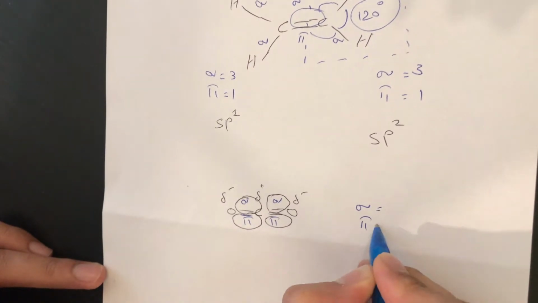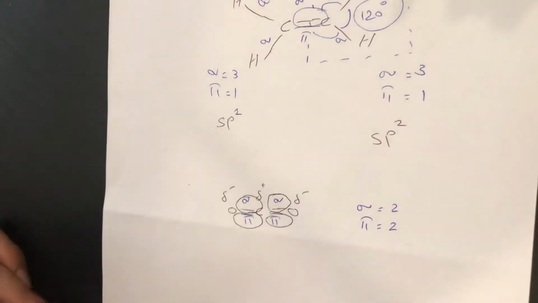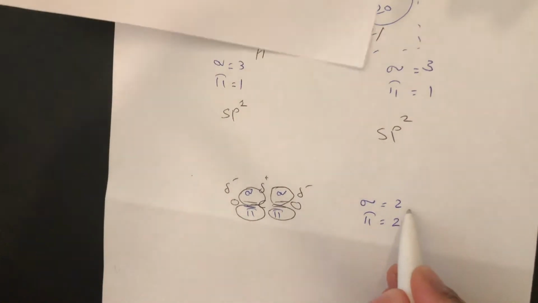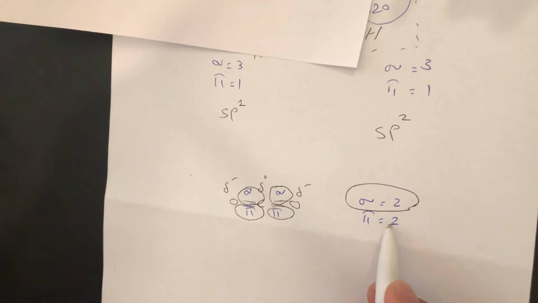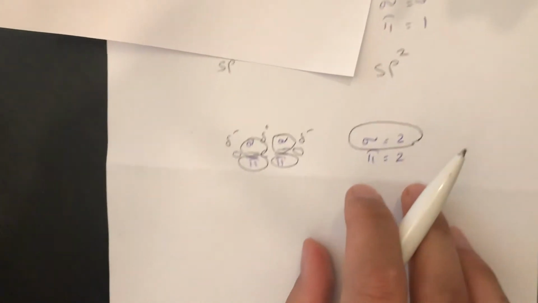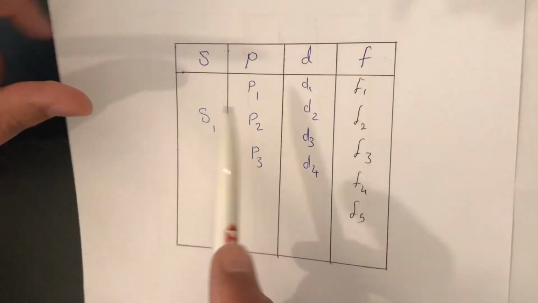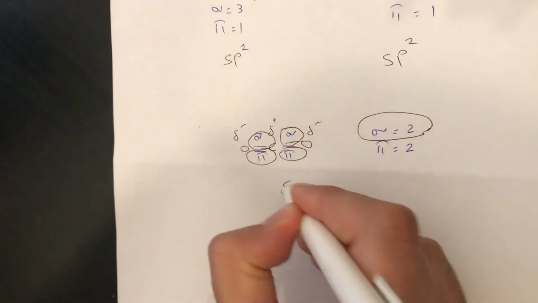And how many sigma bonds? We have 2 sigma bonds and 2 pi bonds. So what's the hybridization now? How many sigma and how many pi? But we don't consider the pi, so we treat this by the sigma bonds. 1, 1. So it's going to be sp.